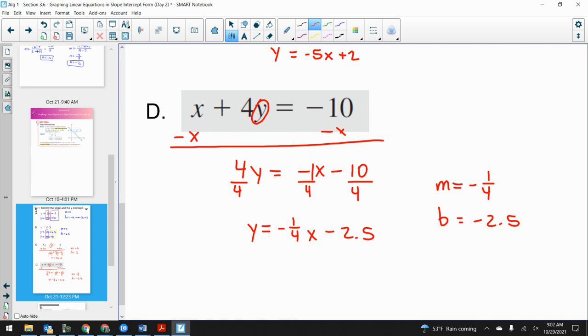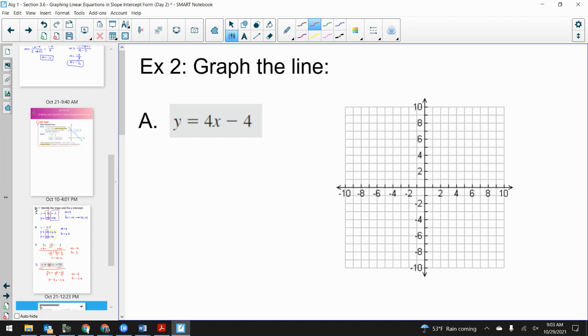All right. Once you identify the slope and the y-intercept, it's easy to graph. Let me show you. First of all, is this in slope-intercept form? Yes. I see the y alone on the left side. So the first thing I should do is exactly what I did on my last question. Identify what is the slope and what is the y-intercept.